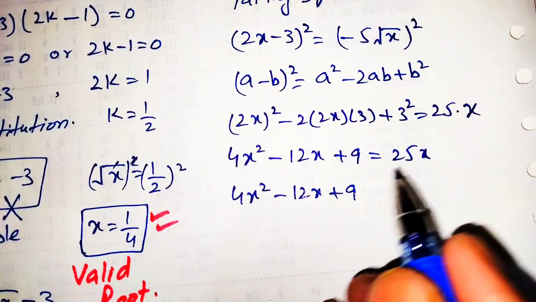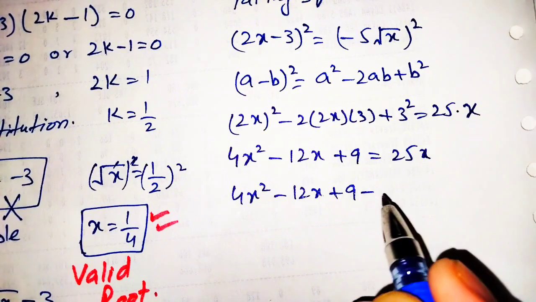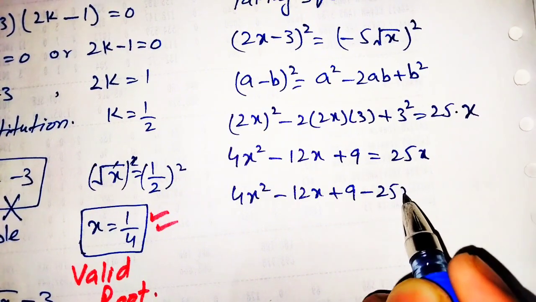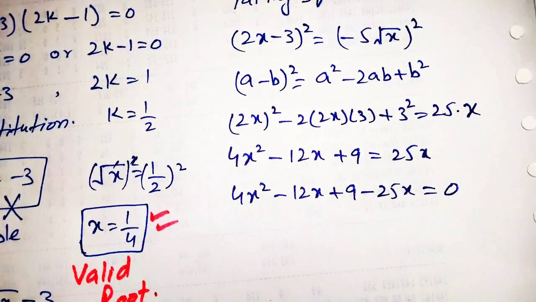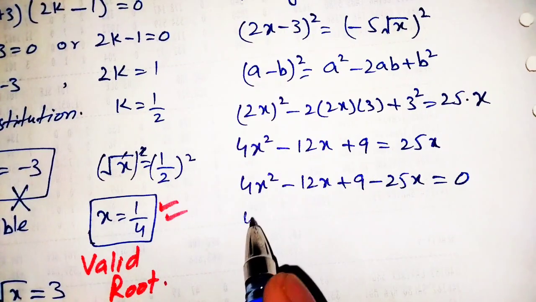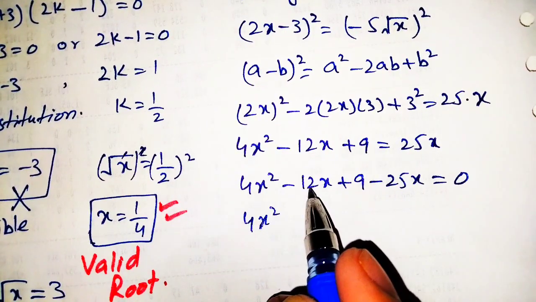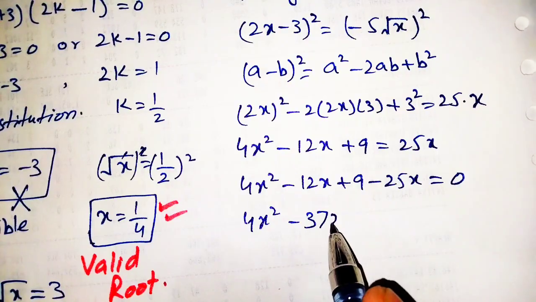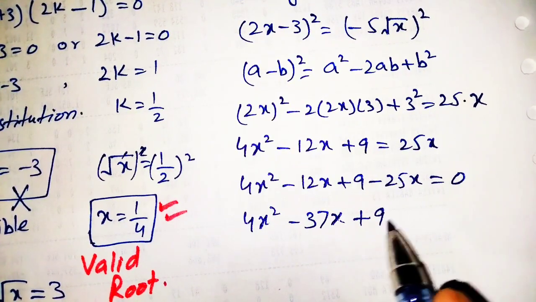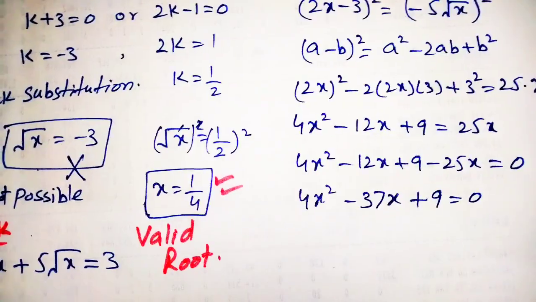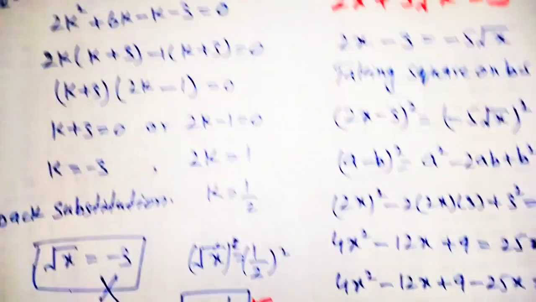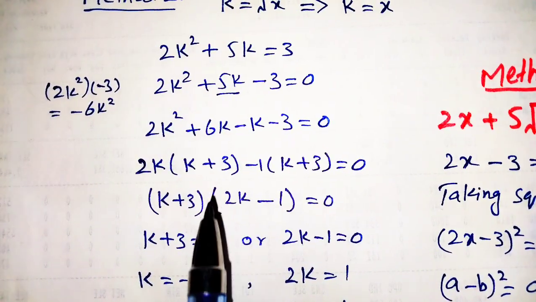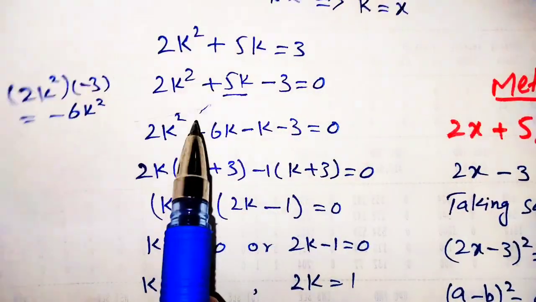Taking this 25x towards left hand side, we will get minus 25x and it is equal to 0. Now again simplifying, 4x square minus 12x minus 25x will become minus 37x plus 9 is equal to 0. Now again we will factorize by using the same method as we used earlier in the start.